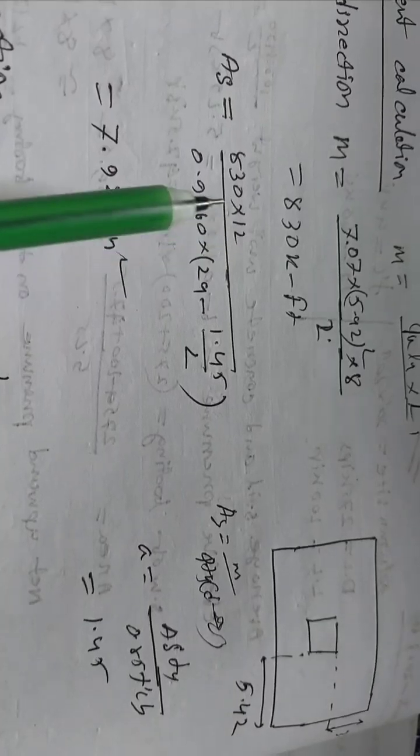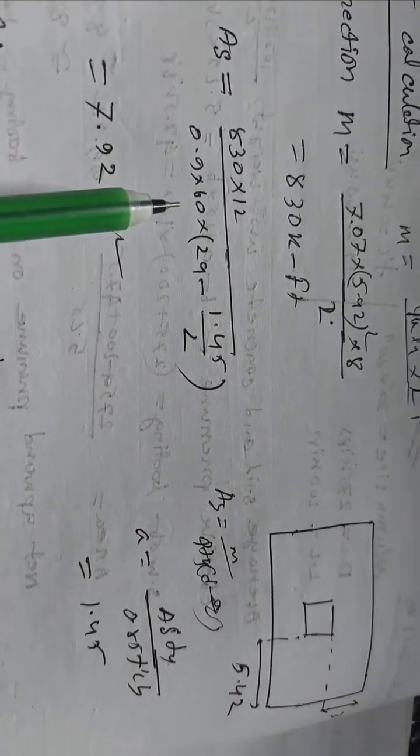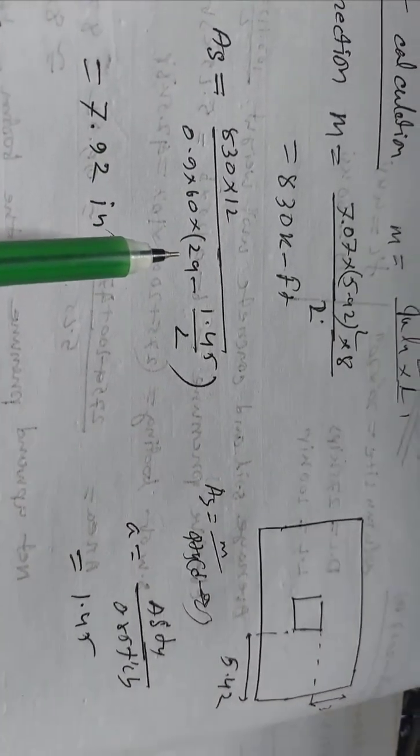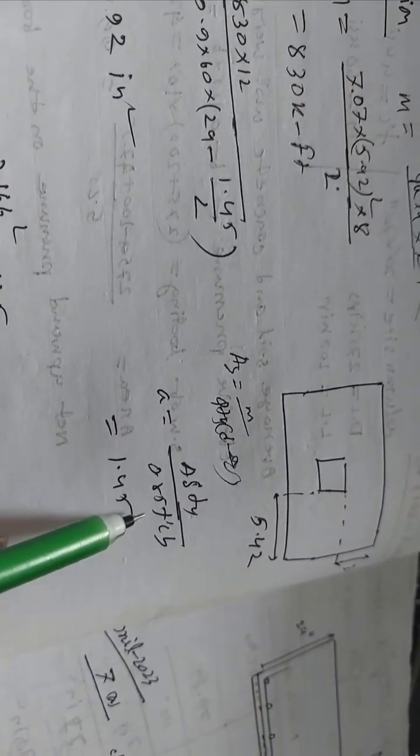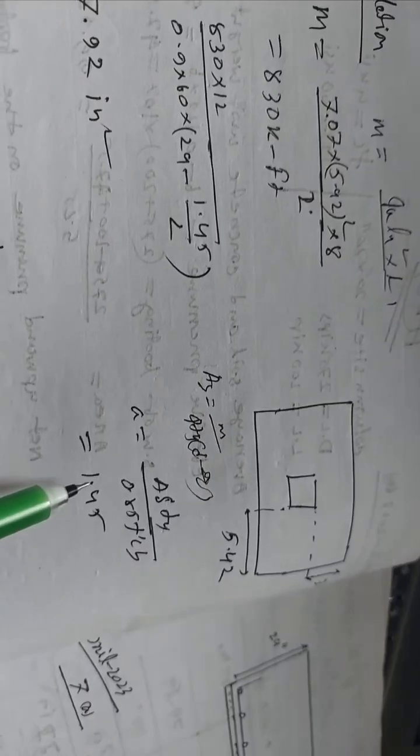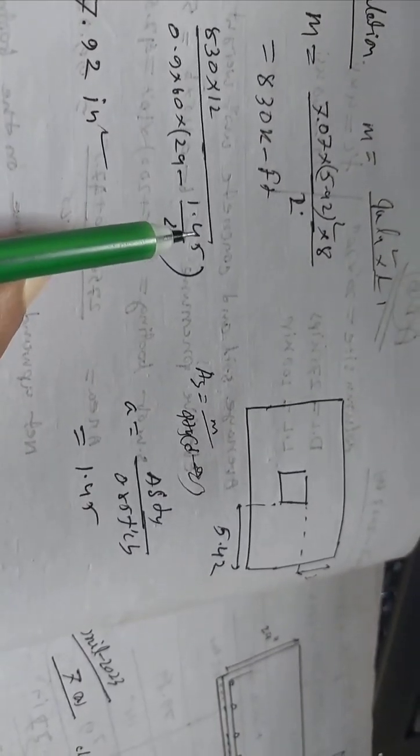Here moment 830, converted into inch, divided by 0.9 into 60 into d. The magnitude of d is 24. We have calculated a as As fy divided by 0.85 f'c b, which is 1.45, divided by 2. We get 7.42 square inches of steel.